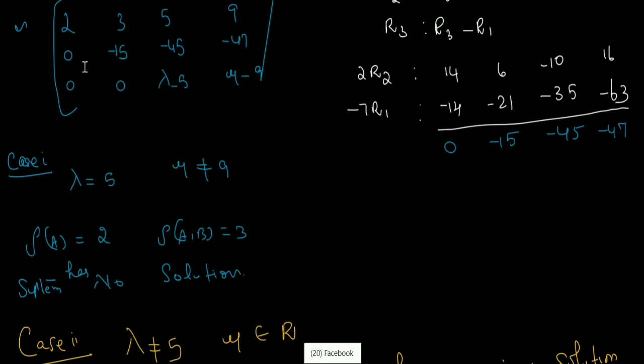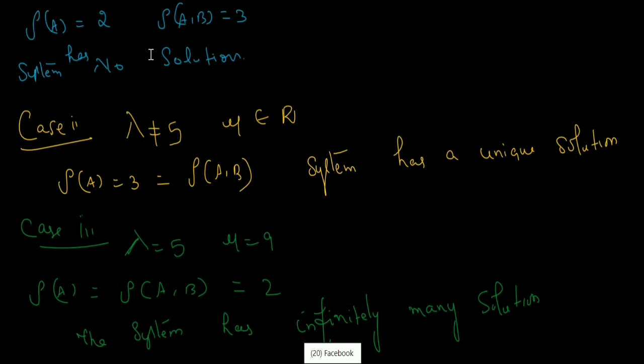Rank of AB: 1, 2 non-zero rows because this is 0 here, this is also 0, because we are taking lambda as 5 and mu as 9. So rank of AB will be 2. Now take rank of A. Lambda is 5. When lambda is 5, this will become 0. So rank of A will be 2. So rank of AB is 2 and rank of A is also 2.